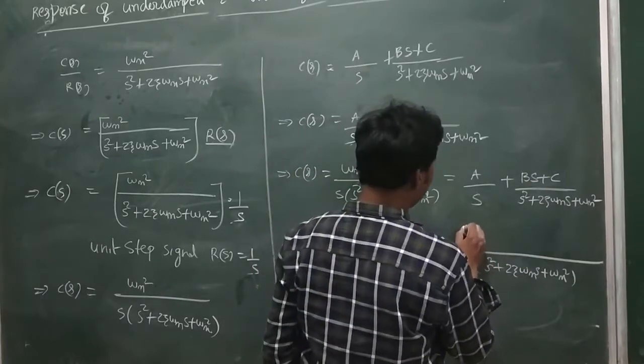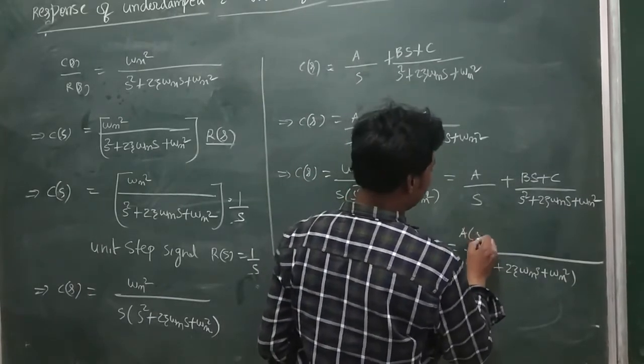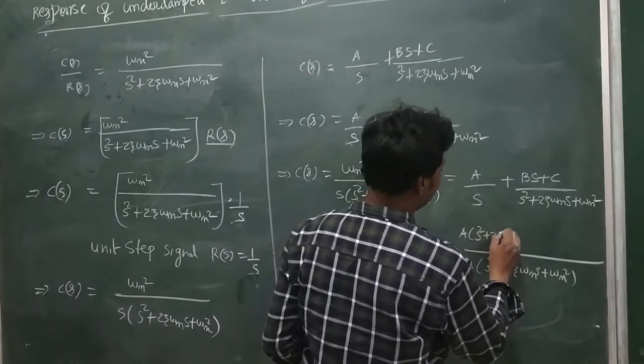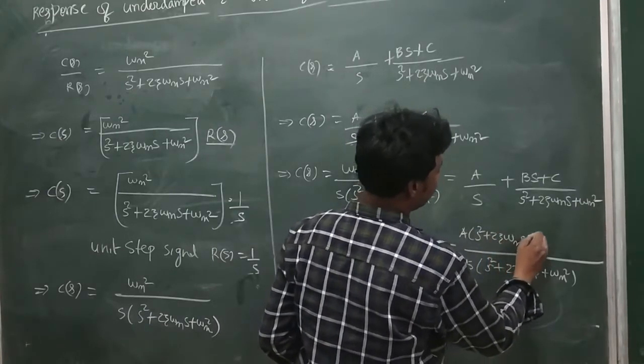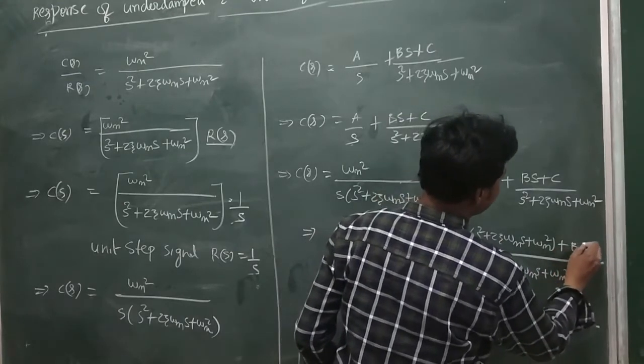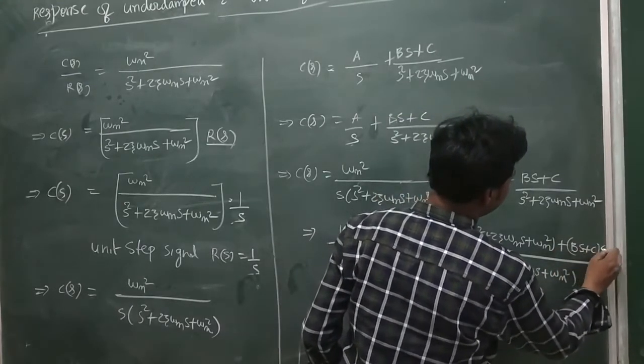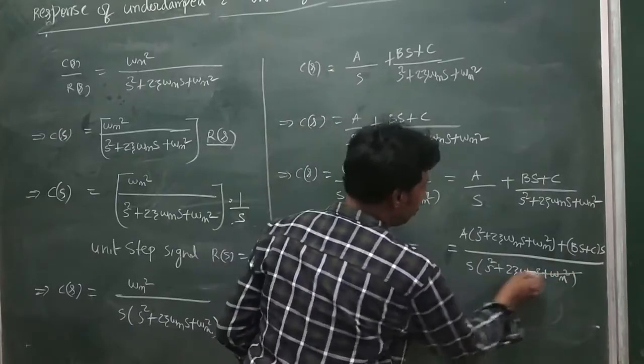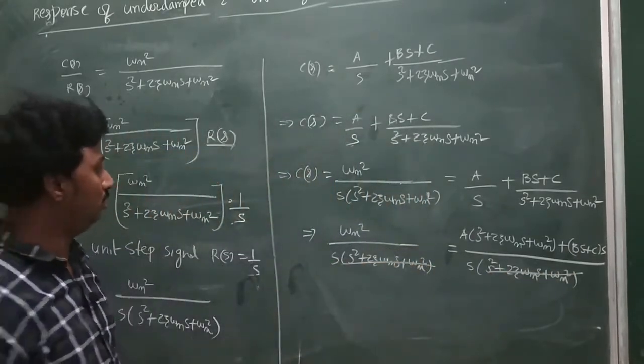So what happened here? A into s square plus 2 zeta omega n s plus omega n square, plus Bs plus C into s, right? So the denominators on both sides get cancelled, right?